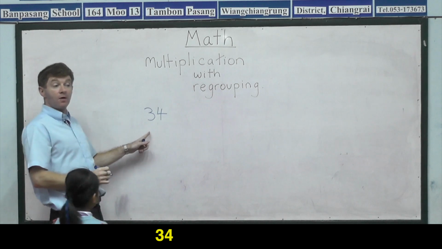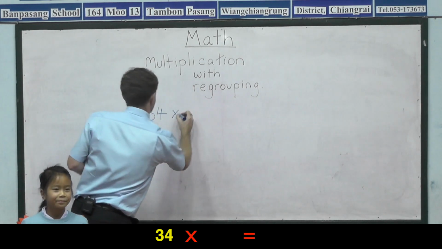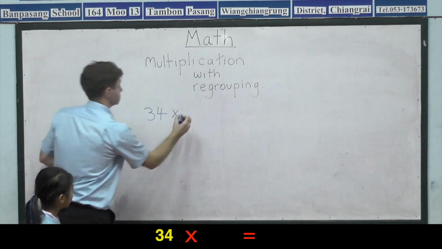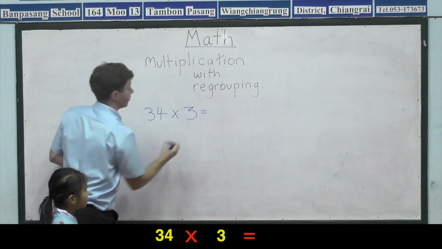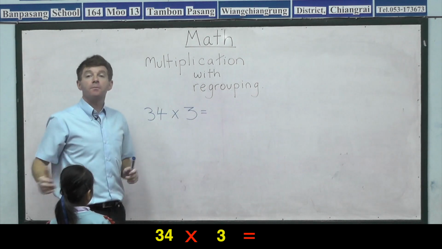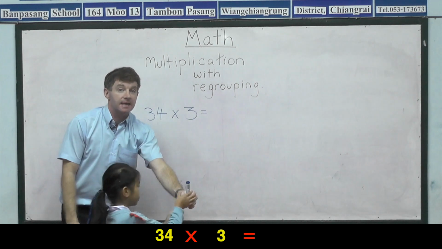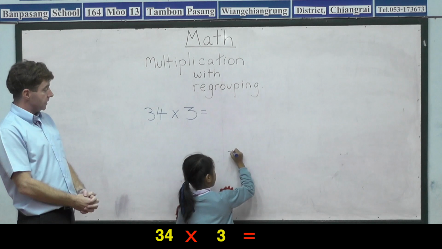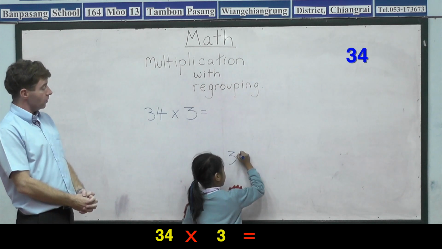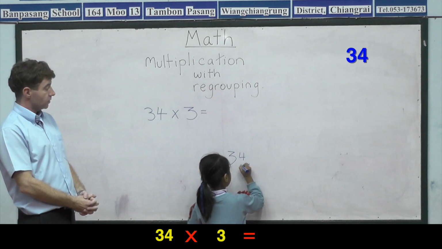What's our number? 34. 34 times 3 equals. And now Prel will work out the problem using a multiplication table. So over to you. So we need to write 34 times 3.